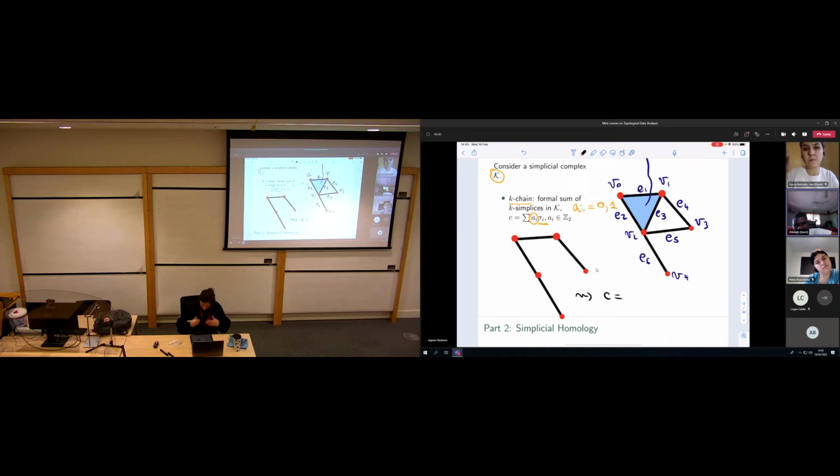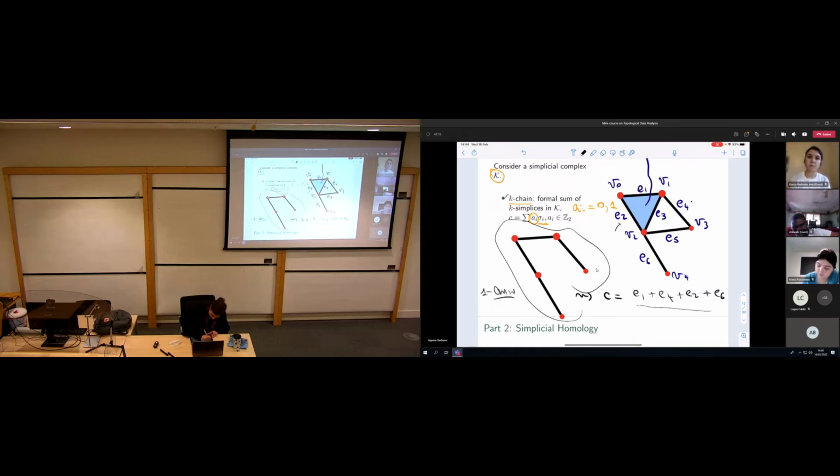And this can be algebraically written as the formal sum representing it, so E1 plus E4 plus E2 plus E6. Okay, so formal sum or set of one simplices. This is, of course, a one chain.